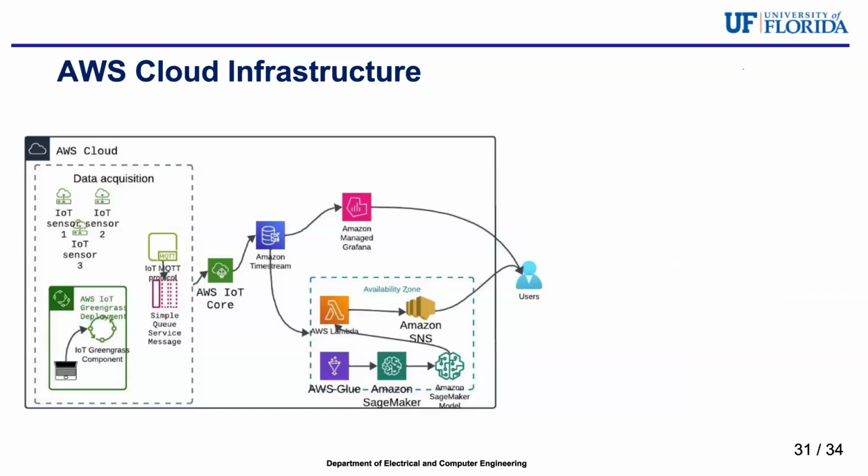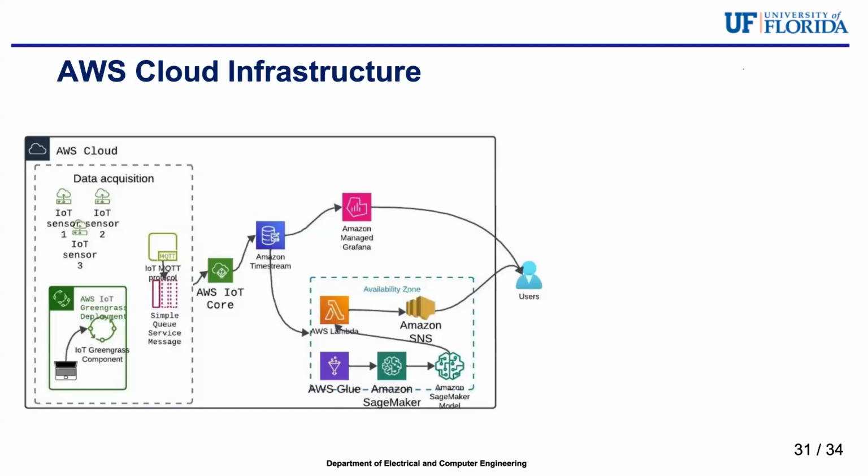It will also take the live real-time data from Timestream. That information, along with the trained machine learning model, will help in making the prediction and understanding the abnormal cases.